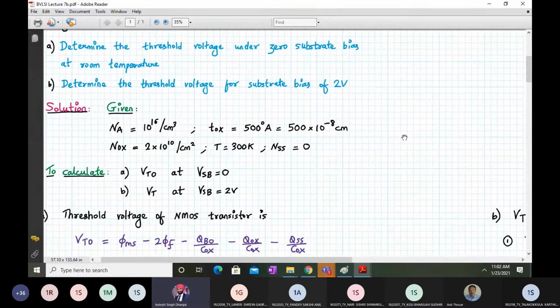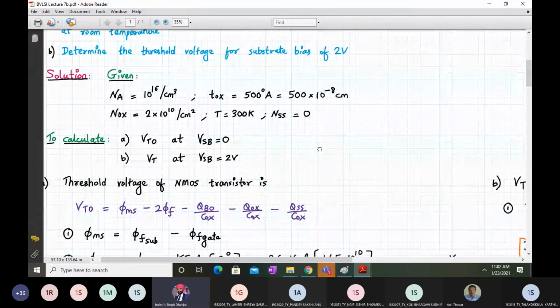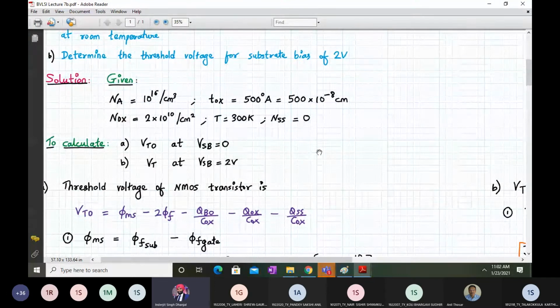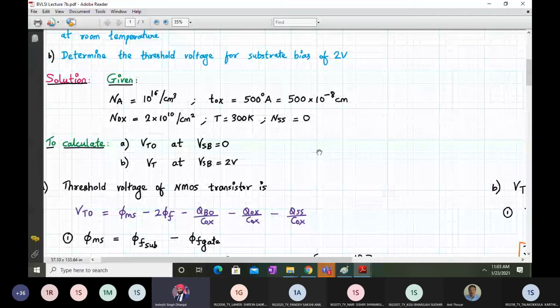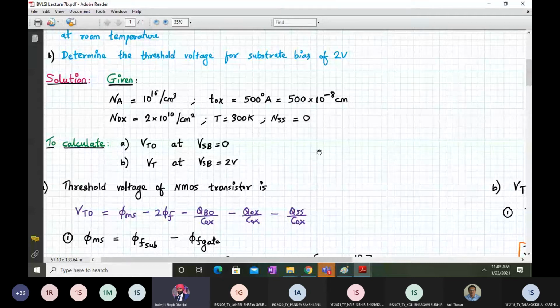So now, it's a good habit to write the formula first. So the threshold voltage formula for an NMOS transistor is given by, so kindly write that down. VTO is equal to phi ms minus twice phi f minus QBO upon Cox minus Qox upon Cox minus QSS upon Cox.